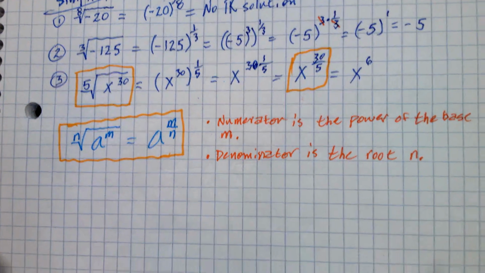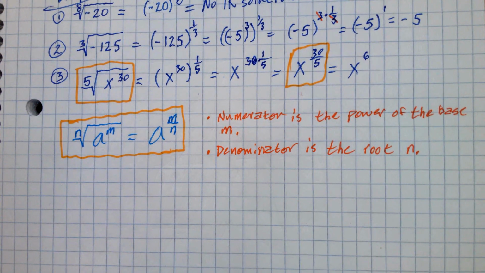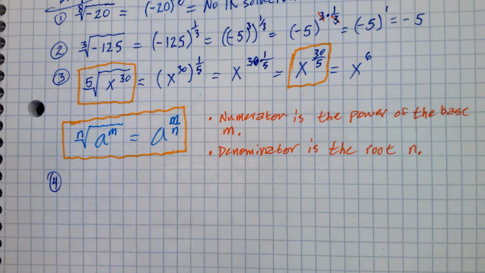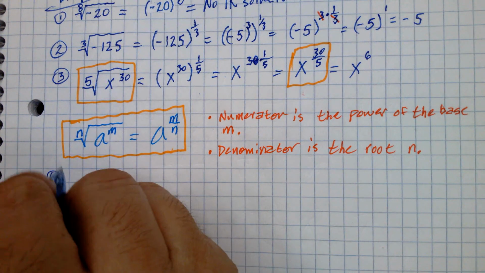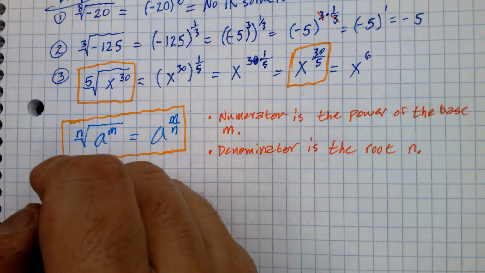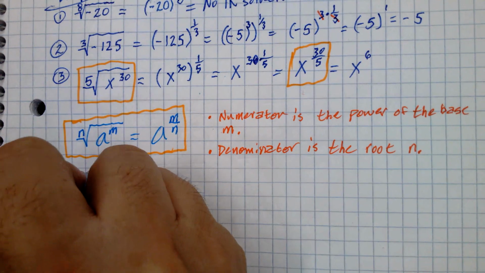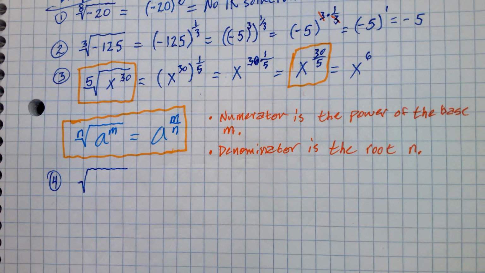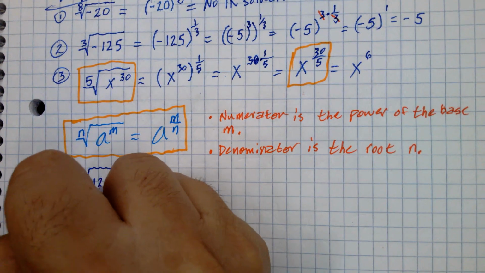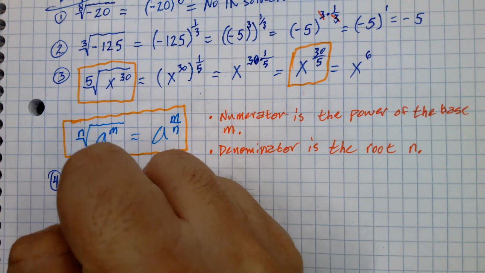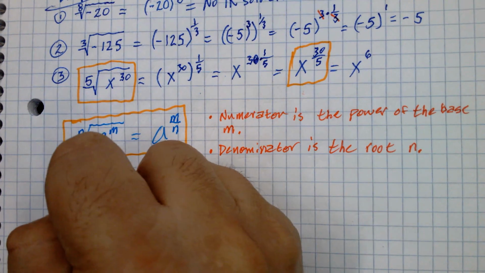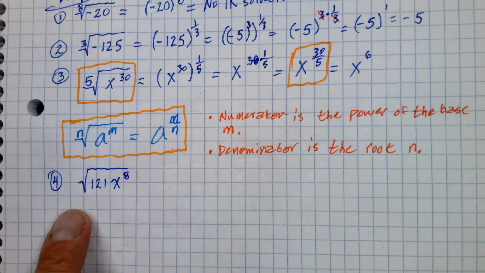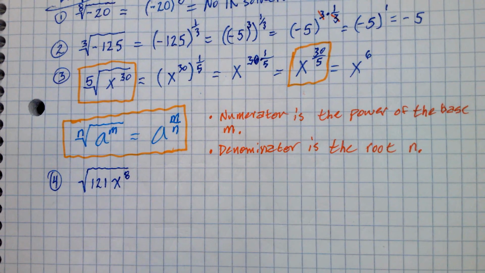So what we're mainly going to be focusing on is stuff like this. I guess this is number 4. Let's say we have the square root of 121 x to the 8th.